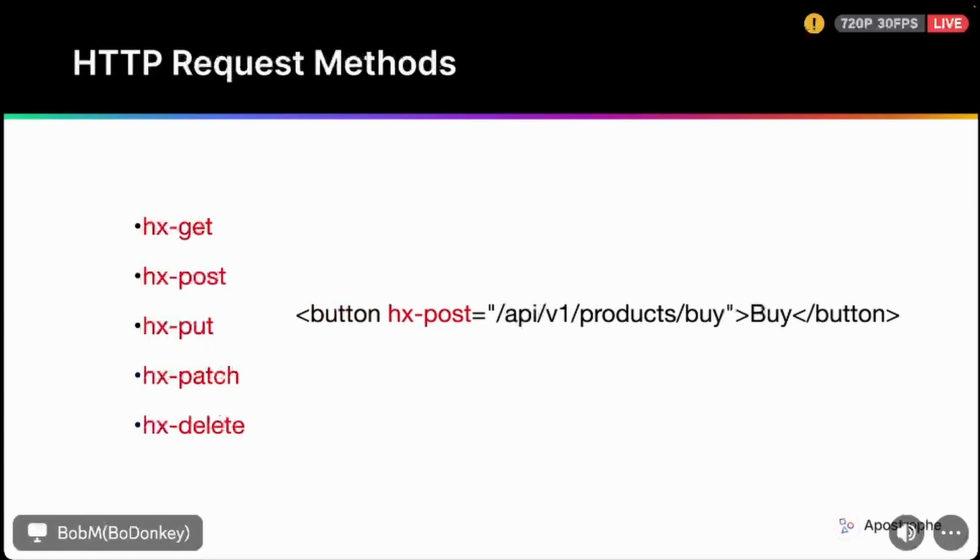So for example, here we have a button. When clicked, it's going to fire a POST request to the following endpoint. This should look pretty familiar to you if you're used to dealing with the Apostrophe CMS REST API. So API v1 products by, that route is going to trigger some action for us when this button is clicked.